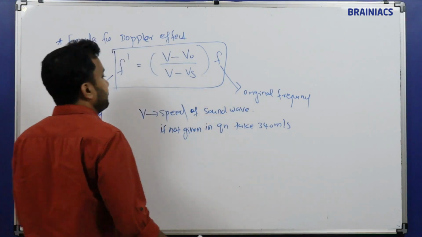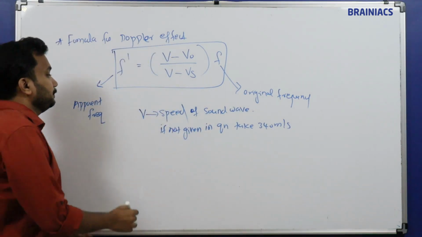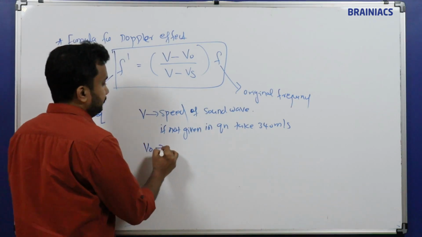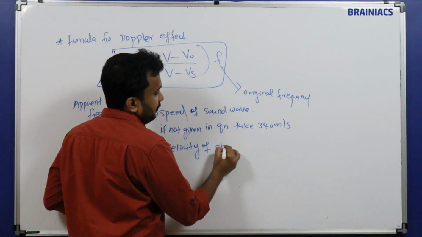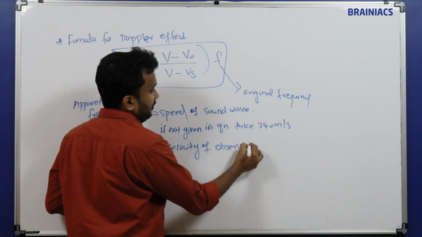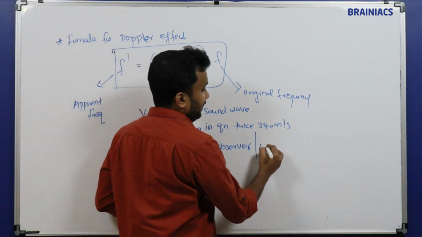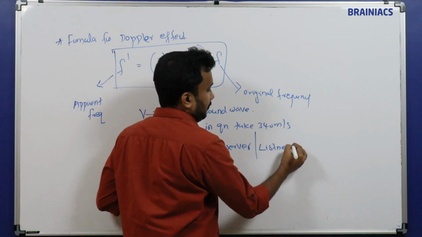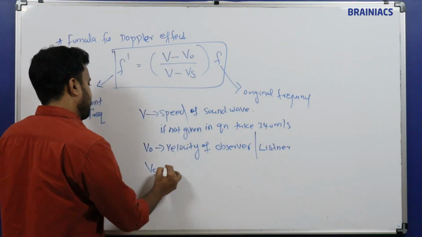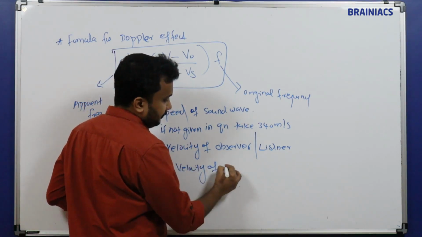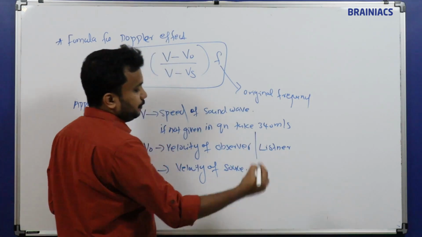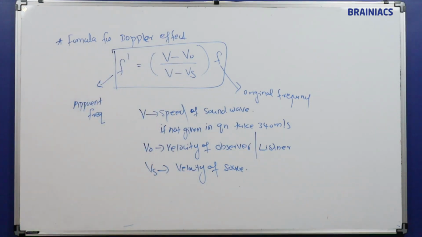V naught is the velocity of the observer, the person moving, the observer or listener. Vs is the velocity of the source which is producing the sound waves. Okay, so this question is important.